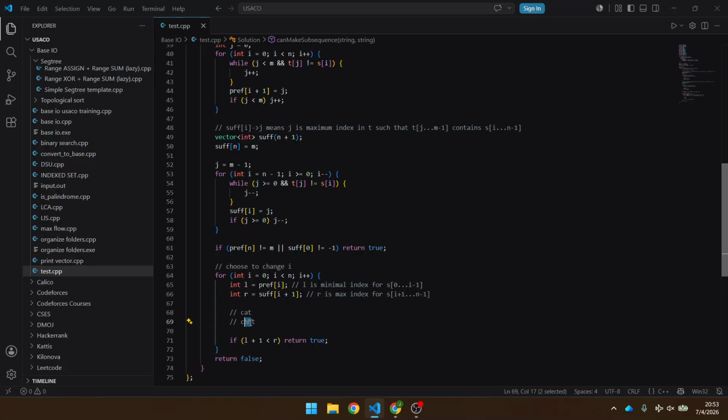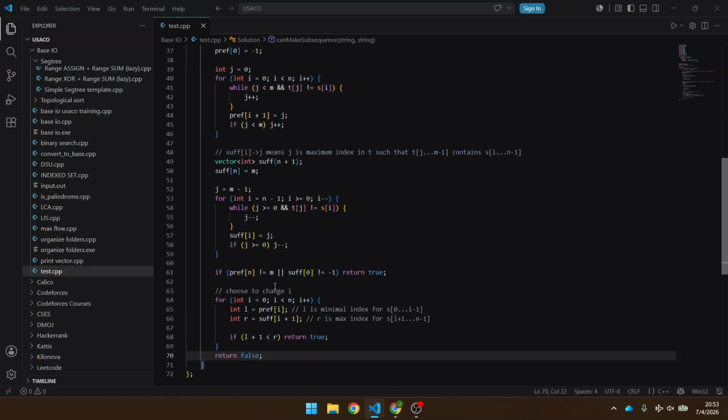Because we have a gap in between, we can just choose any one of the characters and set A to it. So we can just set A to H or A to Y would be also okay. So if L plus 1 is smaller than R, return true. If there's no gap for all of them, then we can return false.